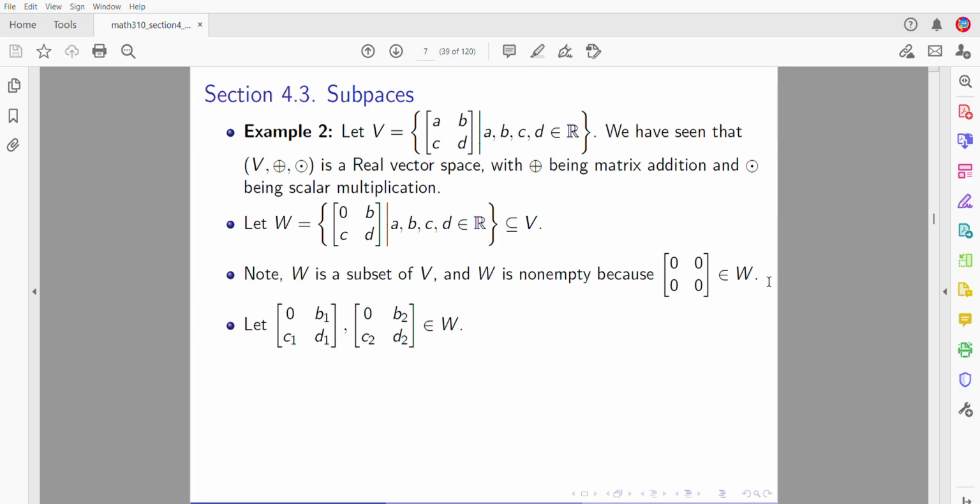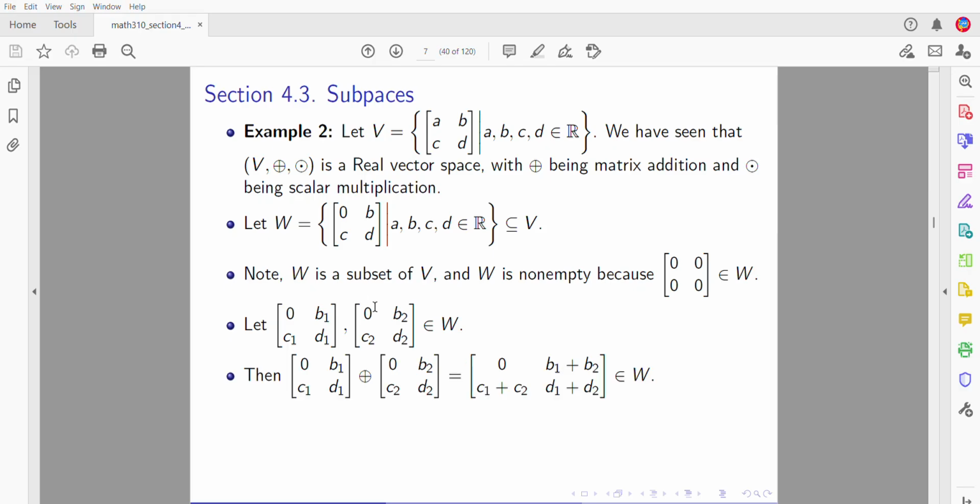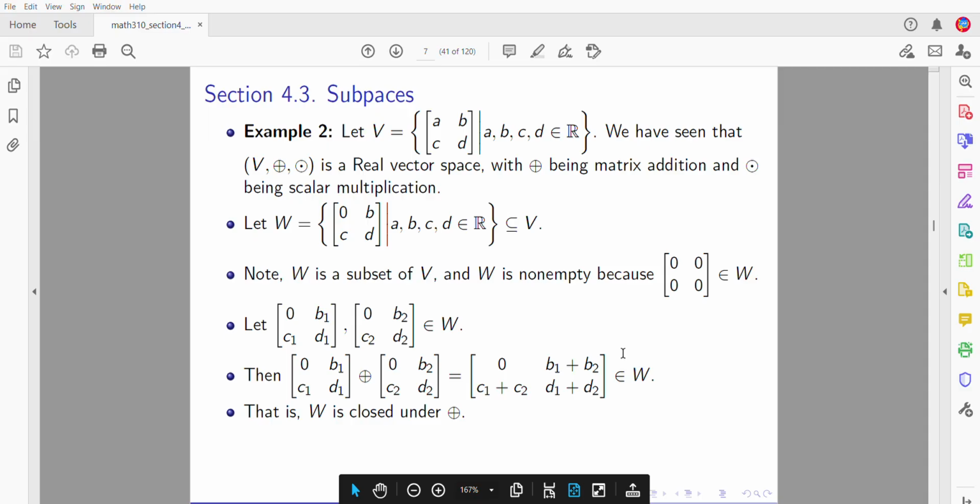Now suppose you take 2 matrices from W, that is, the top left entries are 0. When I add those 2 matrices, I continue to get top left entry 0. So W is closed under vector addition, vector addition being simply matrix addition.